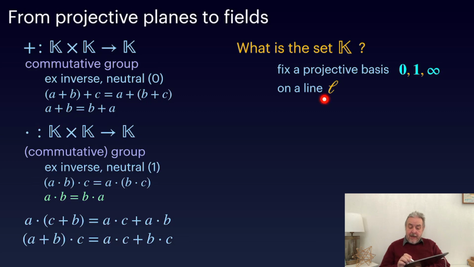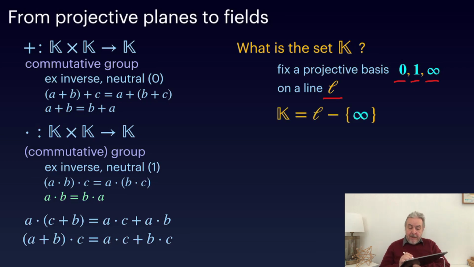You fix a line L in the projective plane, and on that line L you fix a projective basis consisting of 3 points, and those 3 points, well, we saw via cross ratios, you usually extract numbers from those points, and we will mimic the behavior of cross ratios essentially.